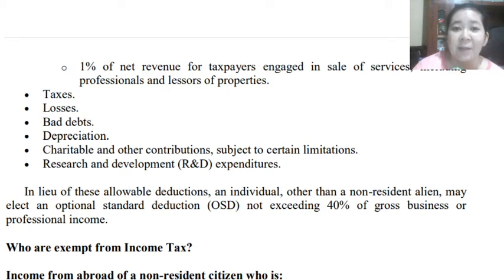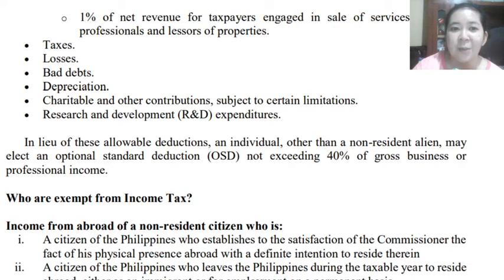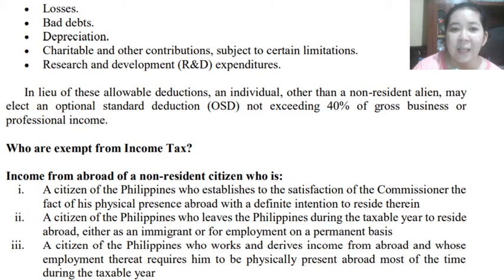As well as the research and development expenditures. So in exchange of this allowable deduction, as an individual other than a resident alien, they may choose OSD or optional standard deduction. So again, this is 40% of their gross business or professional income. So again, our allowable deduction is two.